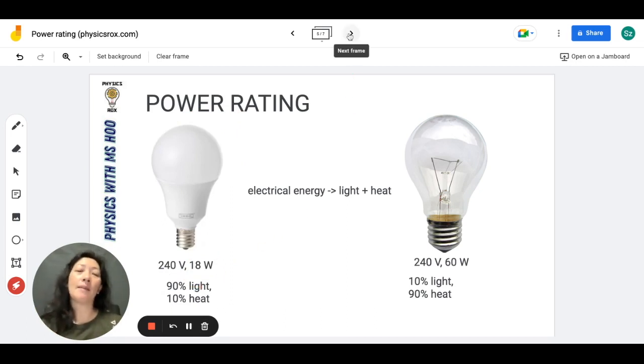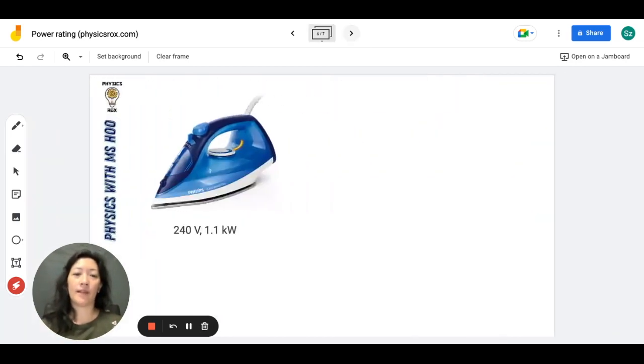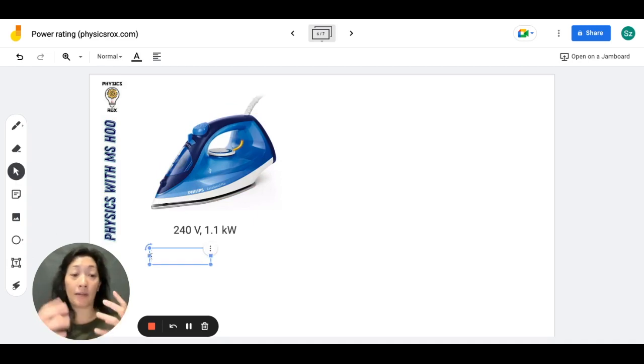Now, power rating doesn't apply only for light bulbs. It can also apply to other electrical appliances. In fact, all electrical appliances have power ratings. For example, if you have an iron that's rated at 240 volts, 1.1 kilowatts, what this means is that if you connect this iron to a 240 volts power supply, it receives 240 volts of voltage.